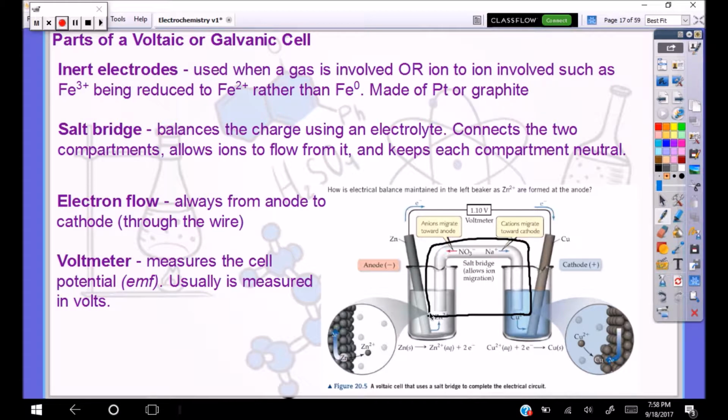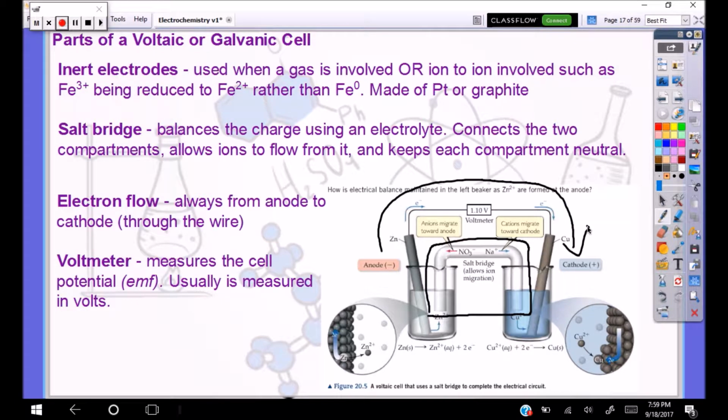So the positive charges from the sodium and the negative charges from the nitrate migrate towards opposite ends, and this allows us to maintain chemical neutrality. So if we think about this, as electrons are flowing from one region to the other, then theoretically one side should become more positive and the other should become more negative.